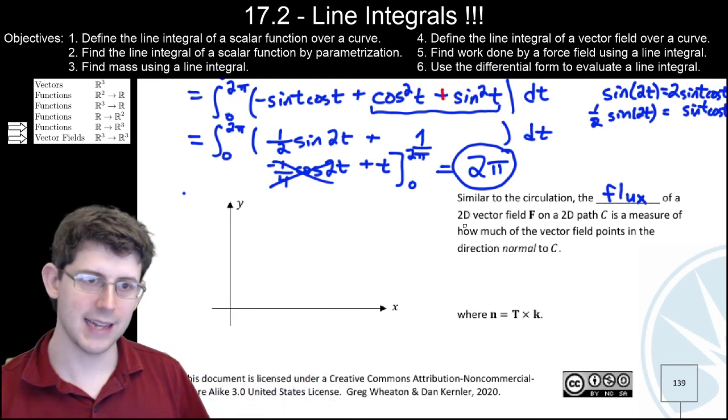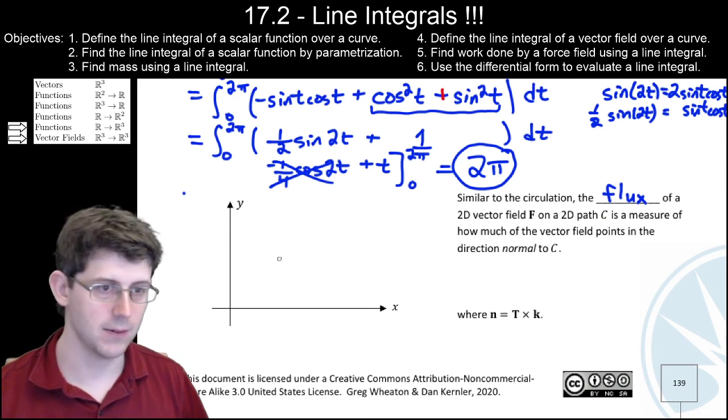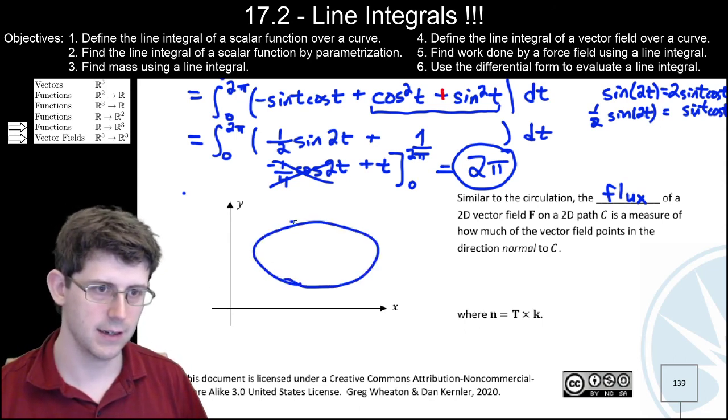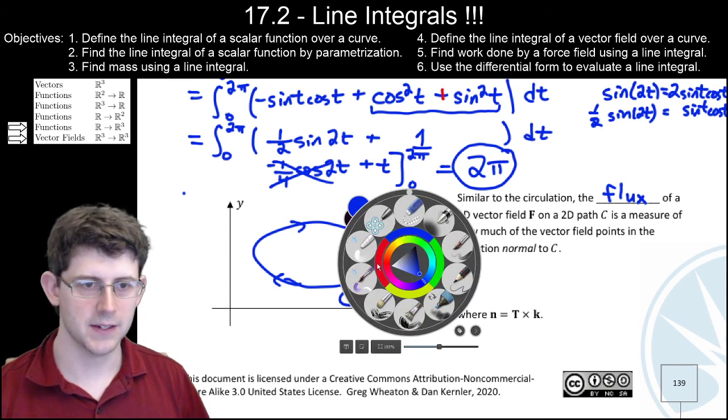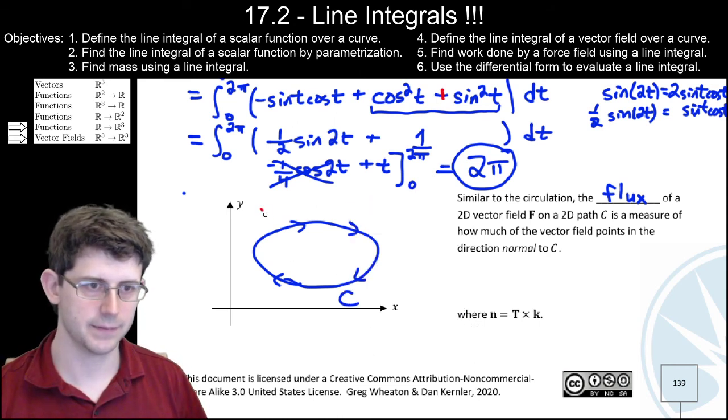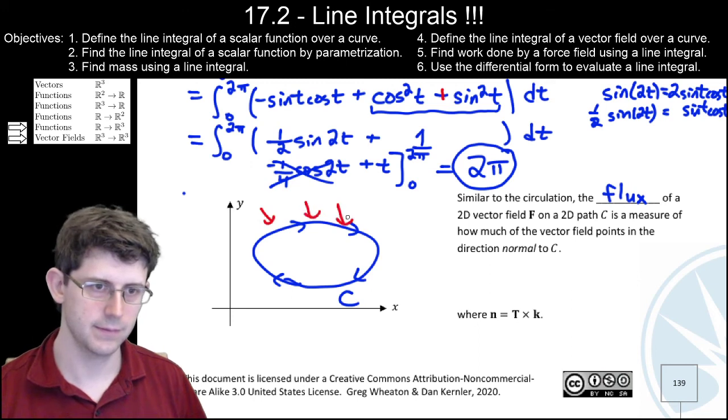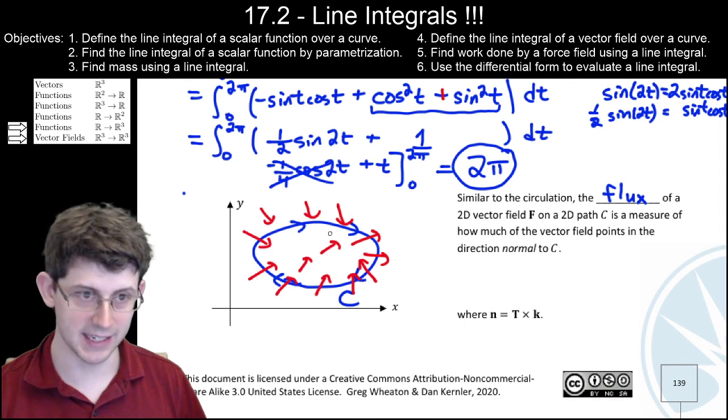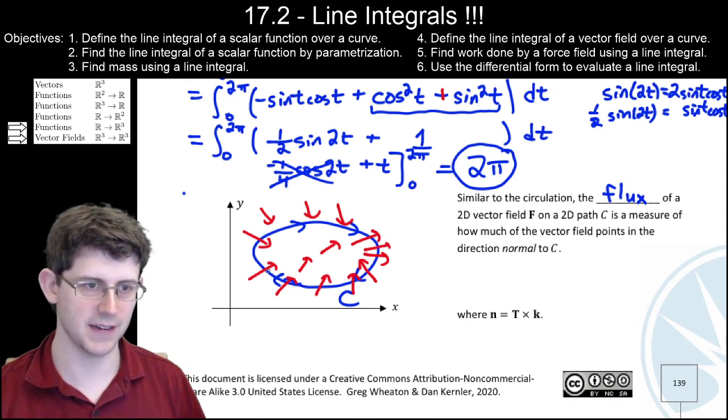Now we're not asking, let me get the picture here, where we'll have a boundary C. And there's some vectors everywhere. Let's say some of the vectors are sending stuff inside, and some of the vectors are sending stuff outside.